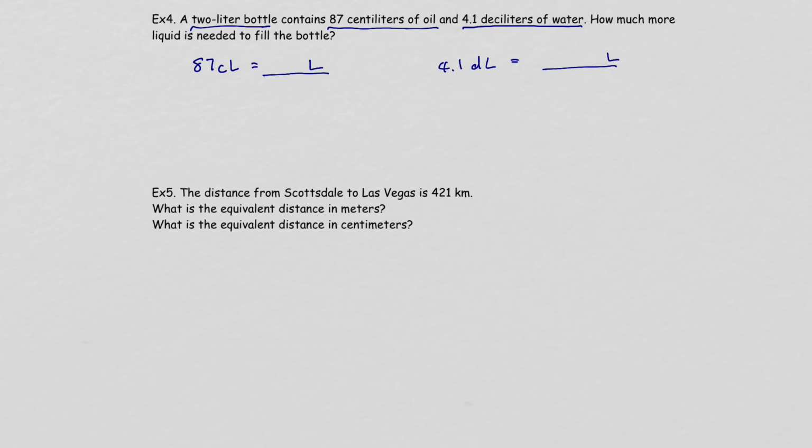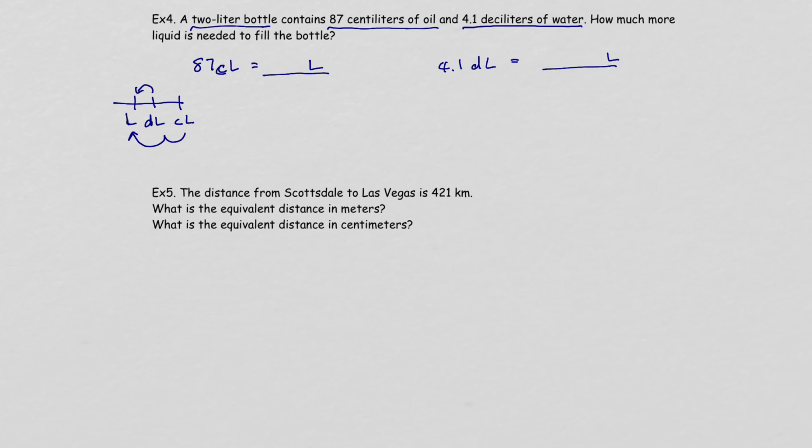Centiliters to the liter, that's going to be 2 units, right? If you don't remember, it will be liter here, you have deciliter and centiliter, right? So from deci to centi, it will be 1 unit to the left. And then centiliters to liter will be 2 units to the left.